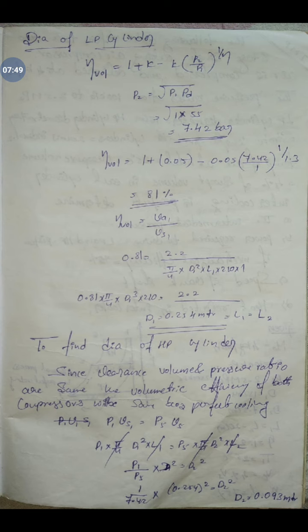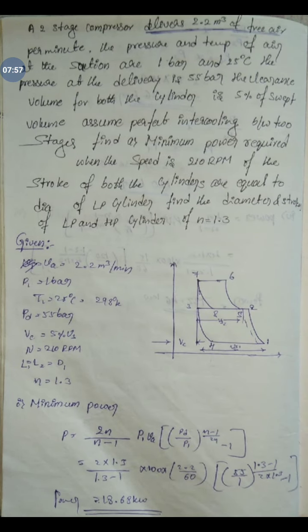Now to find the diameter of the HP cylinder, that is D2. If you look at the diagram, you can clearly see that the clearance volume for both cylinders is the same, and also the pressure ratios are the same, since it is perfect intercooling.